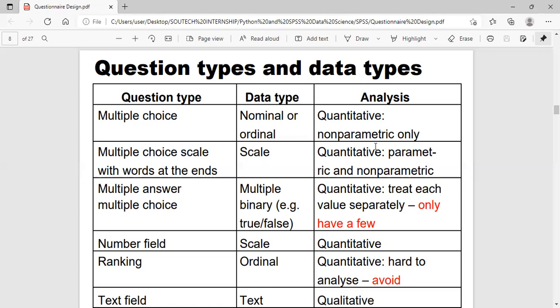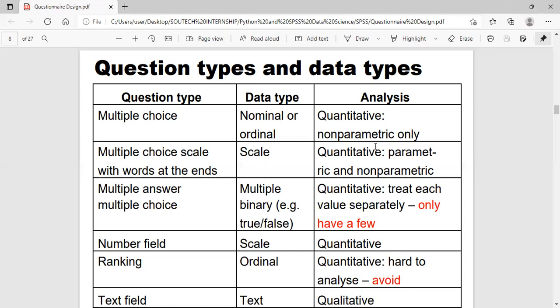Those are multiple answers. You don't have to pick one. You can pick several answers. Next, we have number field. Number fields are basically numbers. Ranking, rank the list of TV shows from 1 to 10. Text fields are the places where you write.